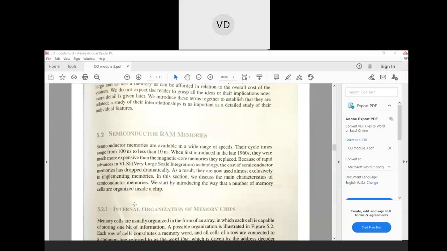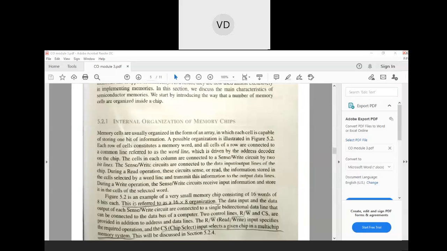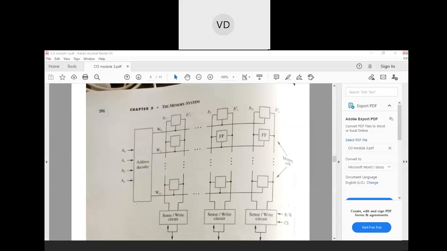Also we started with the semiconductor RAM memories. We studied its internal organization with this block diagram, where each cell acts like a switch and stores only a single bit, a 0 or 1.